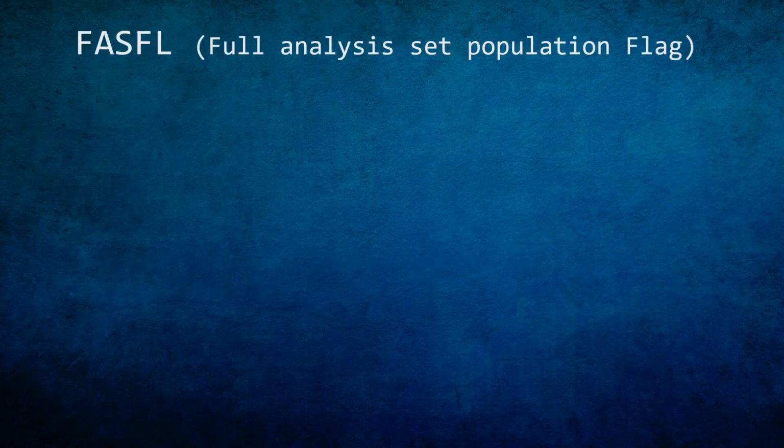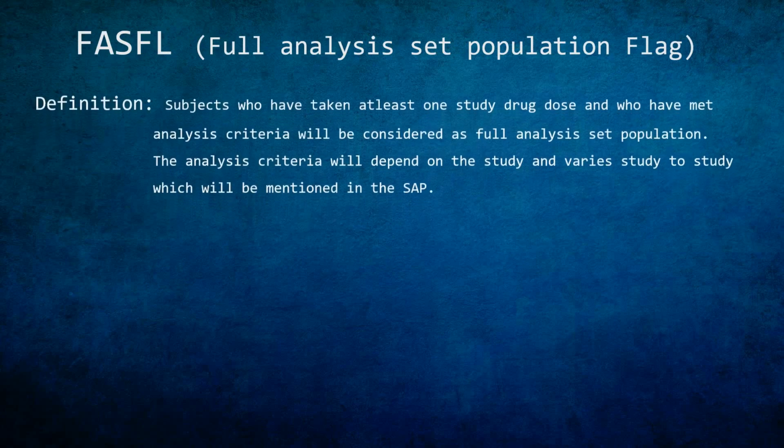The next flag is the full analysis set population flag, and the definition says subjects who have taken at least one study drug dose and who have met the analysis criteria will be considered the full analysis set population.